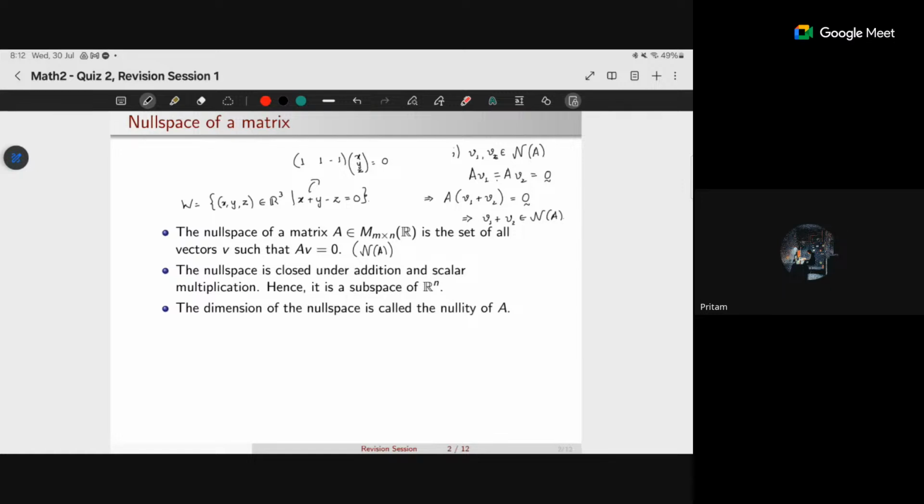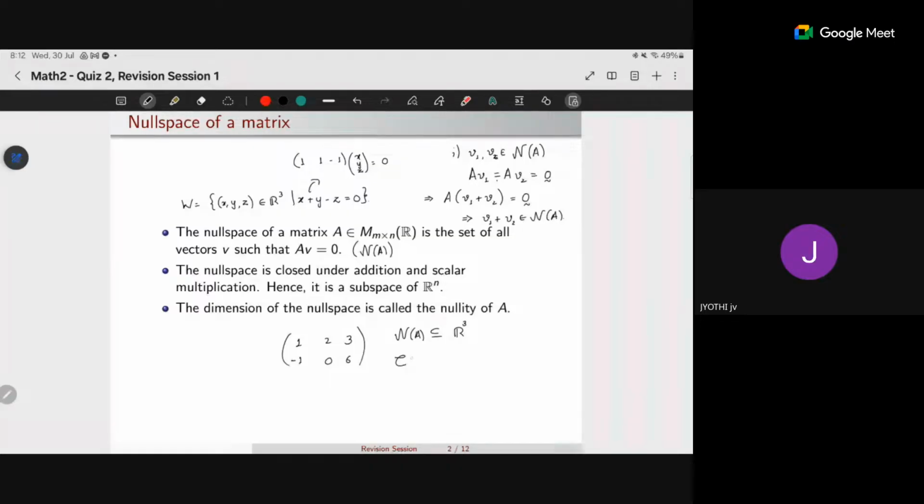Right? If you have, let's say, a 2 cross 3 matrix, 1, 2, 3, something, minus 1, 0, 6, whatever. The null space of this will be a subspace of R3.